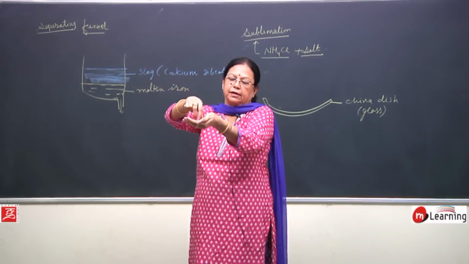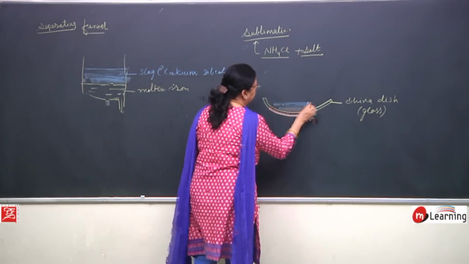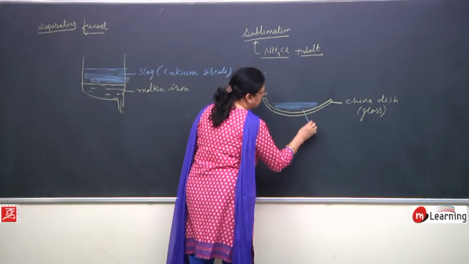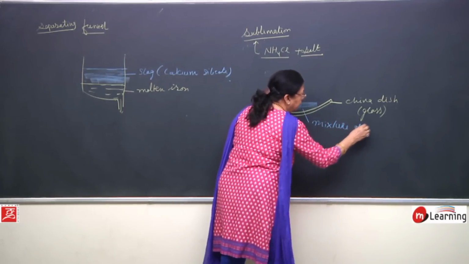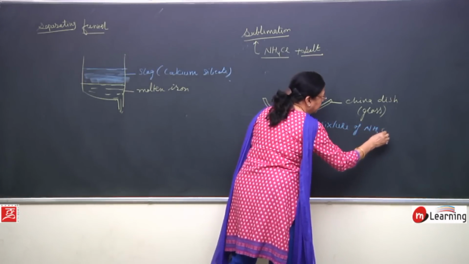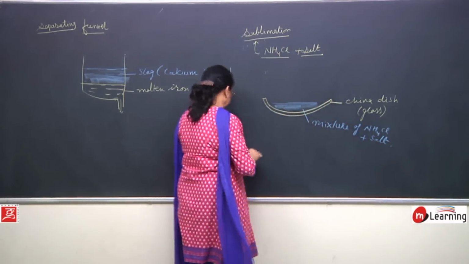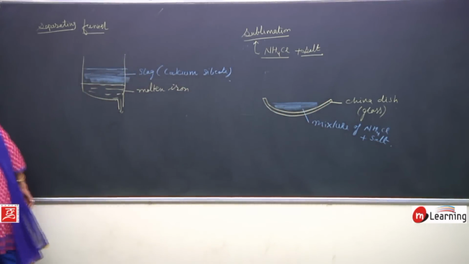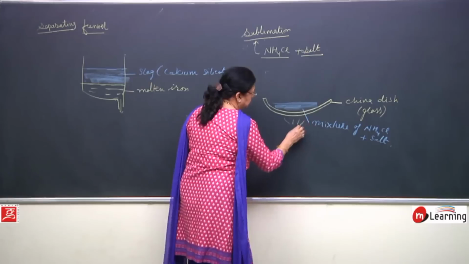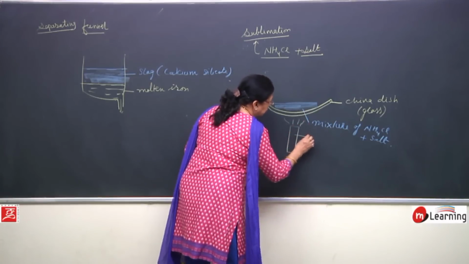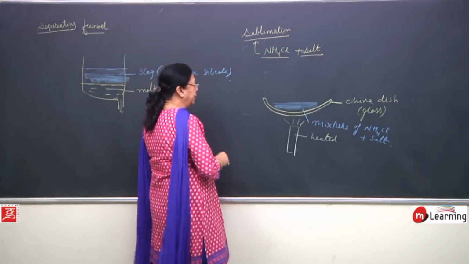So, in this china dish, what is kept? A mixture of ammonium chloride and salt, and then it is being heated from here, that is, you can say, heated by a flame, right.